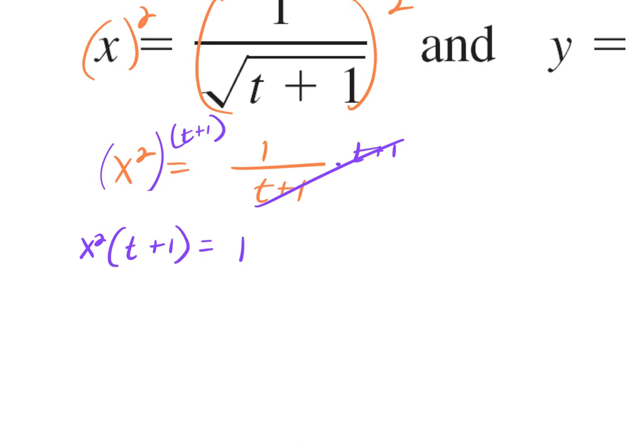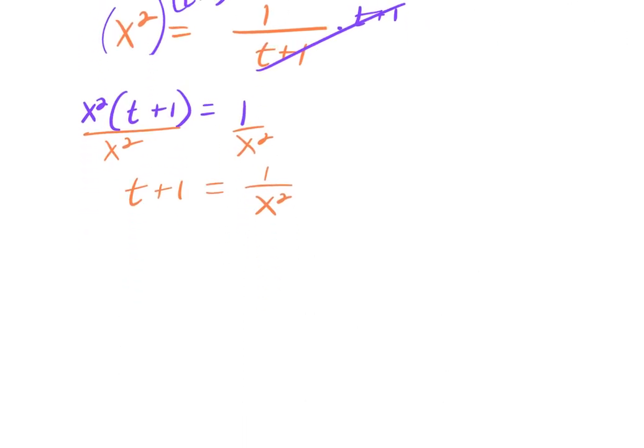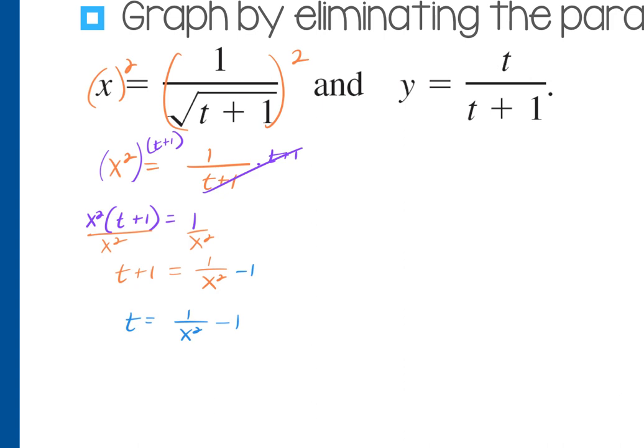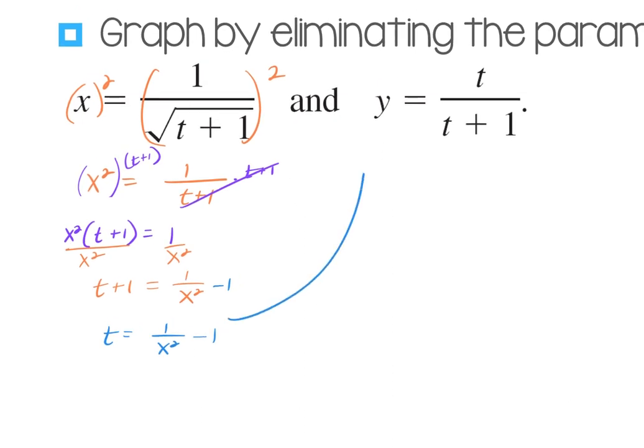Now I want to get t by itself, so what's the next move? Divide by x squared. And the last step? Subtract 1. That whole thing was just to solve for t, though. Now we do what with it? Plug it in.